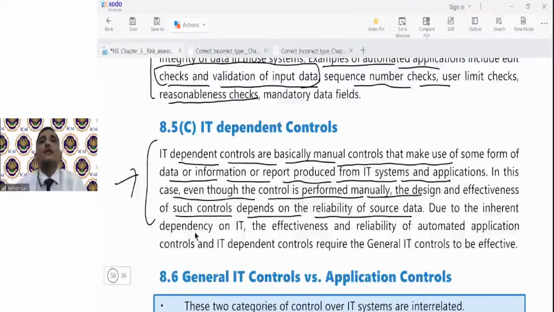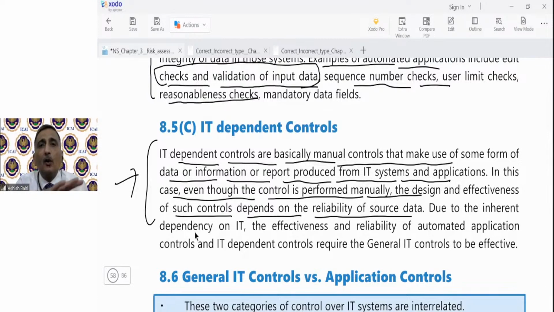Clear, guys? So again, I am repeating it. There are three types of IT controls. Number one is general IT controls. Number two is application controls. And number three is IT dependent controls. For a quick recap, general IT controls relate to the overall IT system.